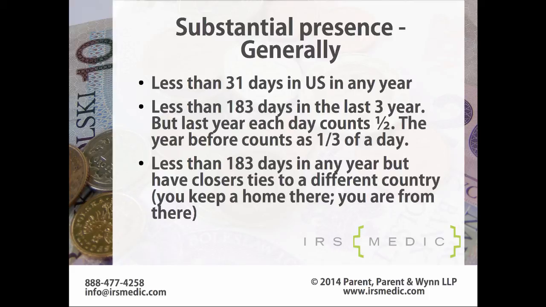Also, if you have less than 183 days in any year but have closer ties to a different country, that is, you keep a home there, you will meet the substantial presence test exception, so that you can also file under the foreign offshore voluntary disclosure program.